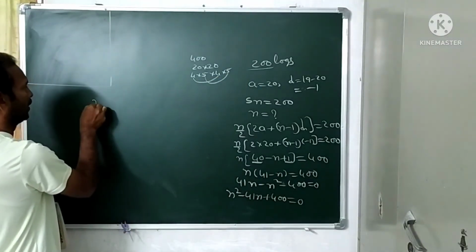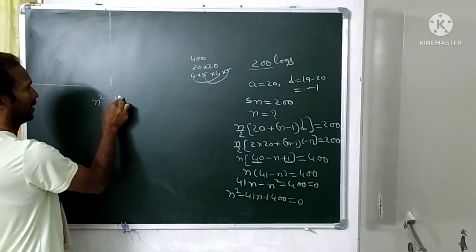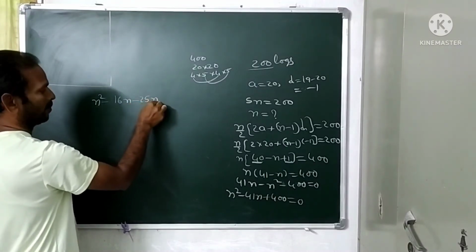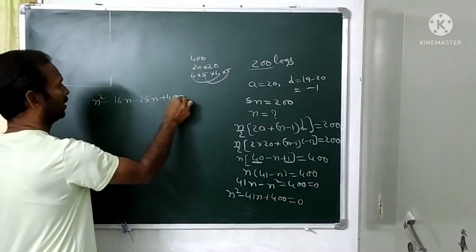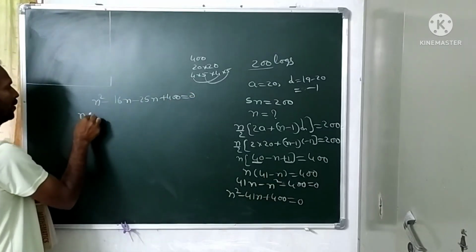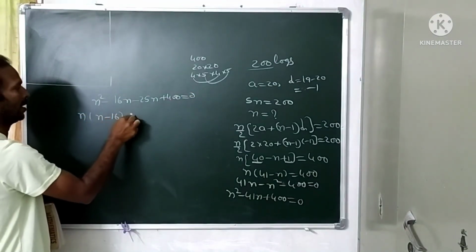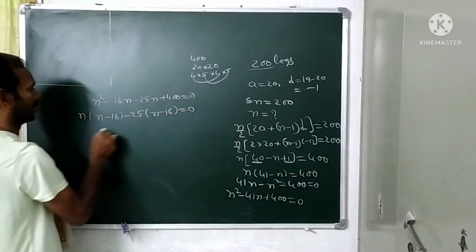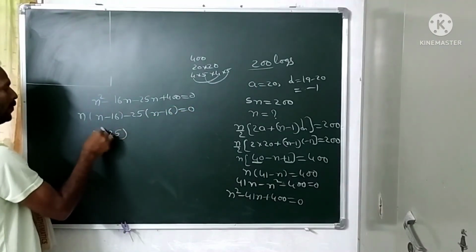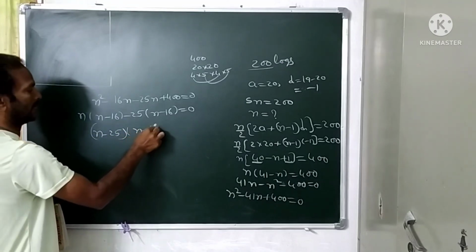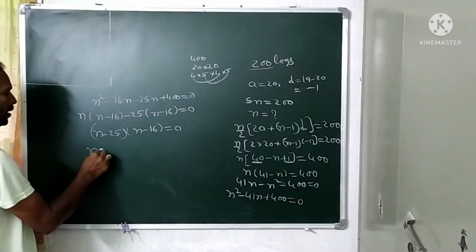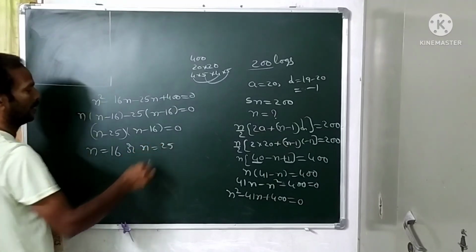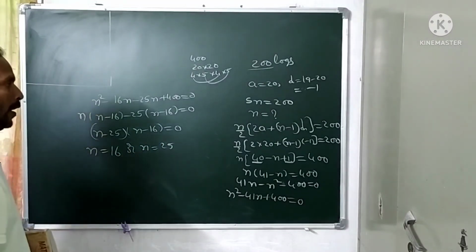So what to write? n square minus 16n minus 25n plus 400 is equal to 0. n common take, n minus 16, minus 25 common take, n minus 16 is equal to 0. n minus 25 into n minus 16 is equal to 0. So n is equal to 16 or n is equal to 25. So either 16 rows or 25 rows.